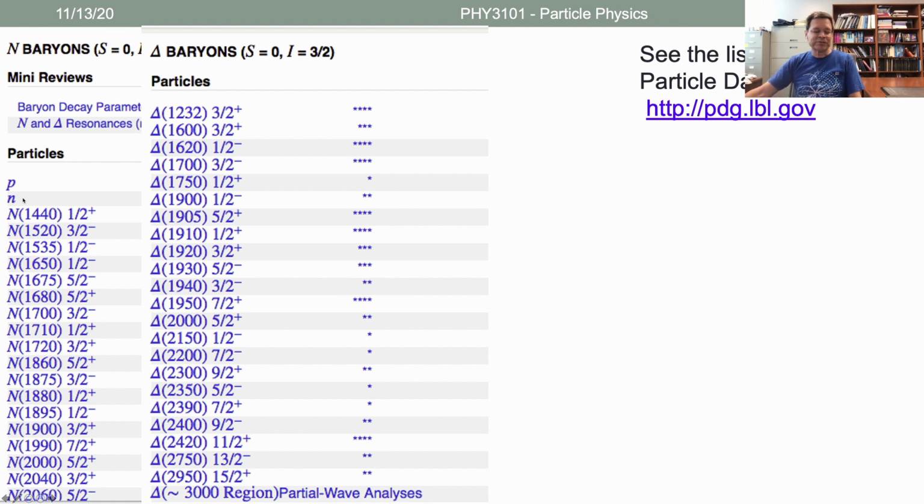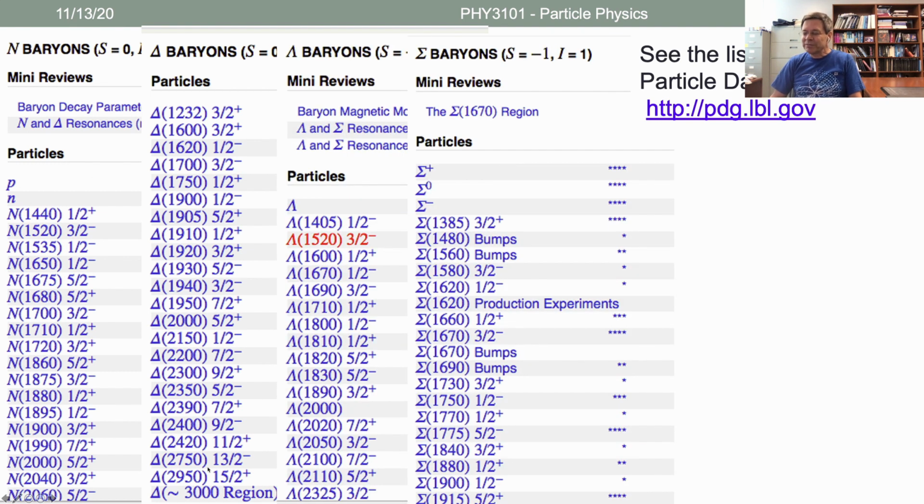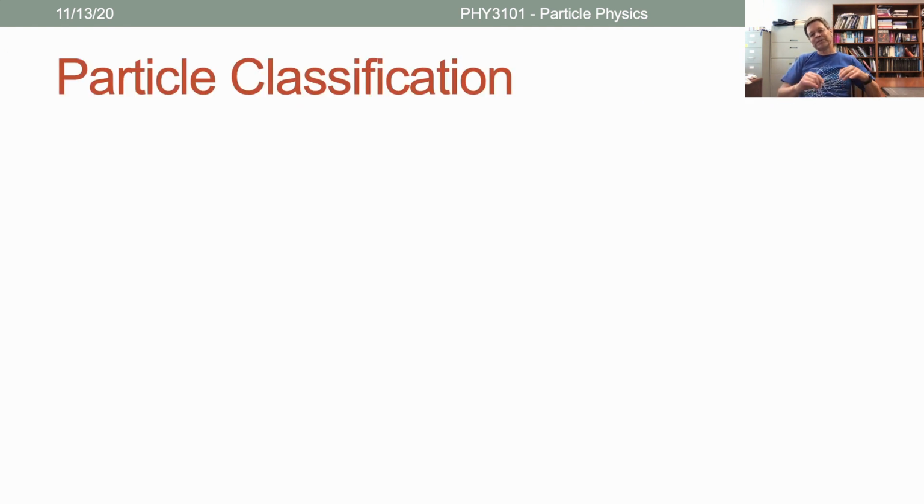So the proton and neutron are a family of particles called baryons. Again, a large variety of those. Lambda baryons, also a large variety of those, and sigma baryons. So obviously, it's a zoo. There are many particles out there. So to tame the zoo, let's try to classify particles here.